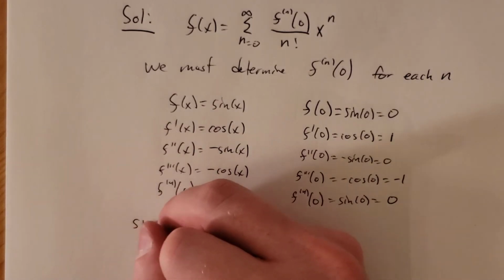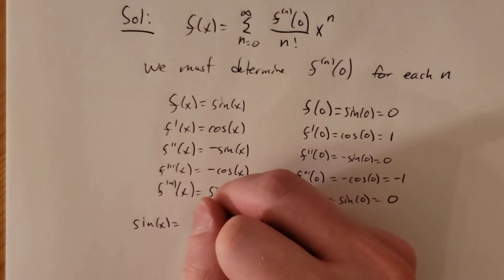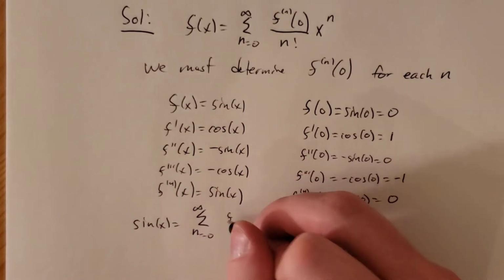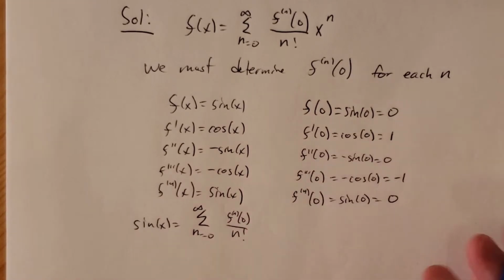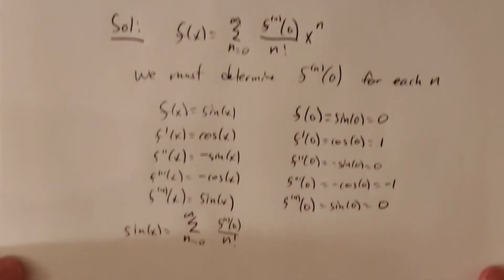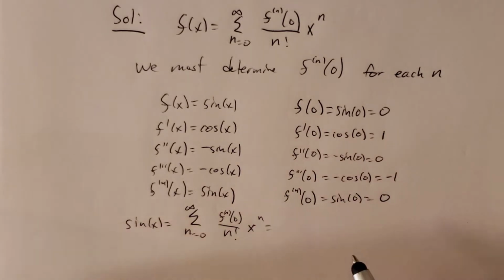Let's put all of that together. Our MacLaurin series for sine of x is the series from n equals 0 to infinity of the nth derivative of f evaluated at 0 over n factorial, x to the n. I'm just rewriting this so we can fill it out. Let's plug in n equals 0.